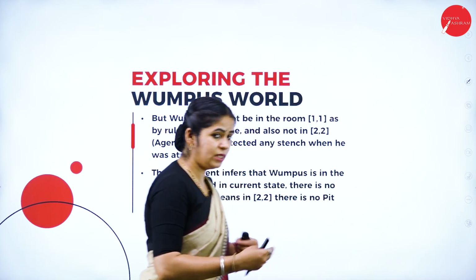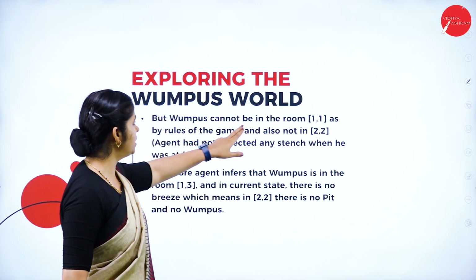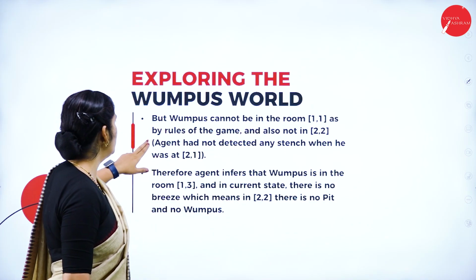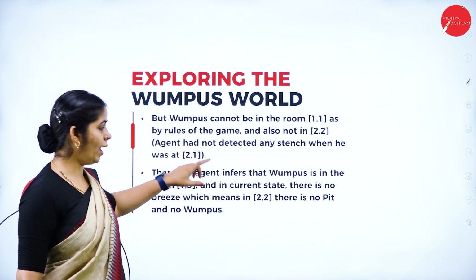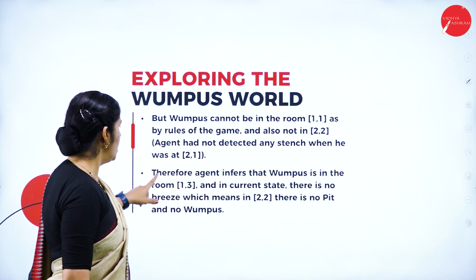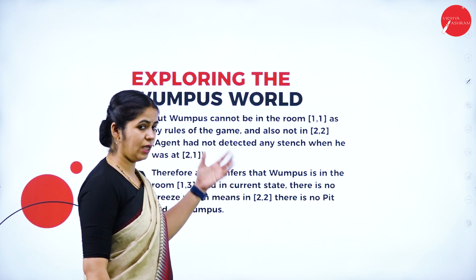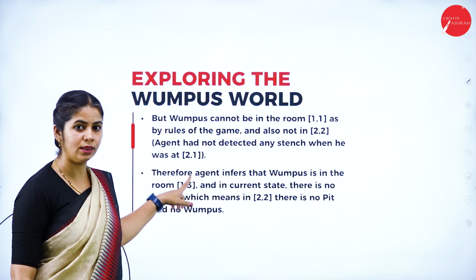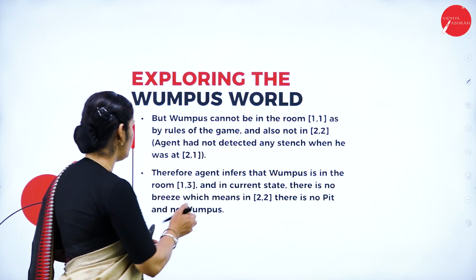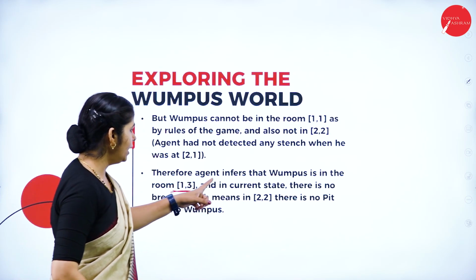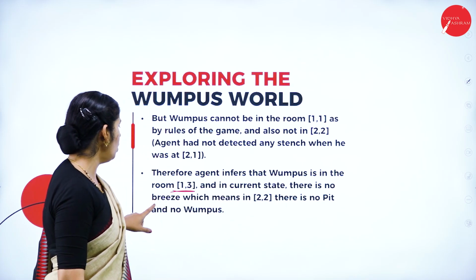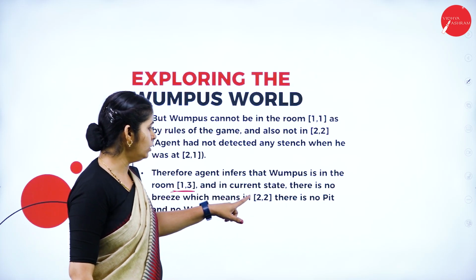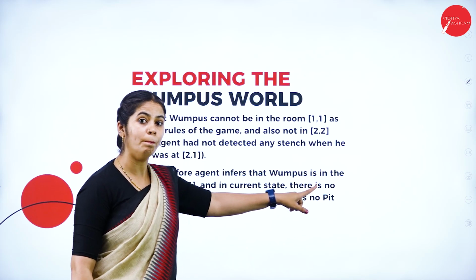Then what is the next step for the agent? The wumpus cannot be in room 1,1, so he'll go back to room 2,1. Therefore, the agent assumes that the wumpus is in room 1,3. Right? The wumpus is in room 1,3. And in the current state, there is no breeze, which means in 2,2 there is no pit also.